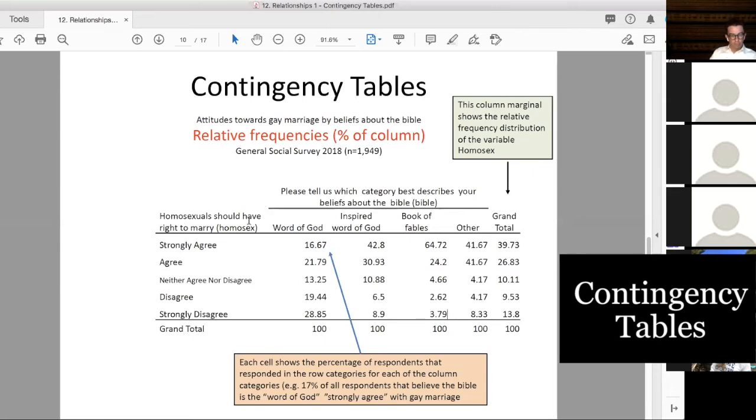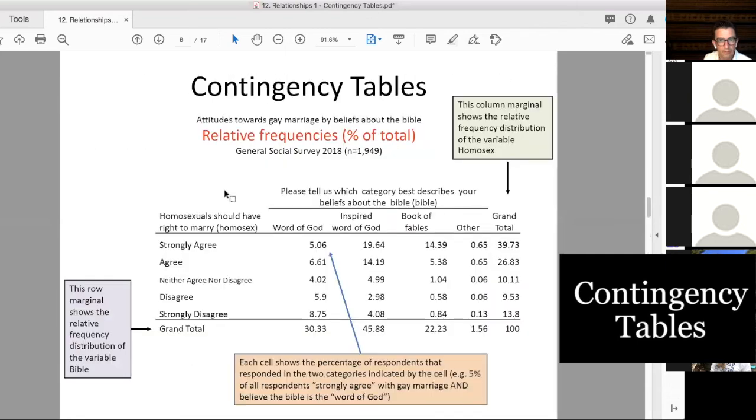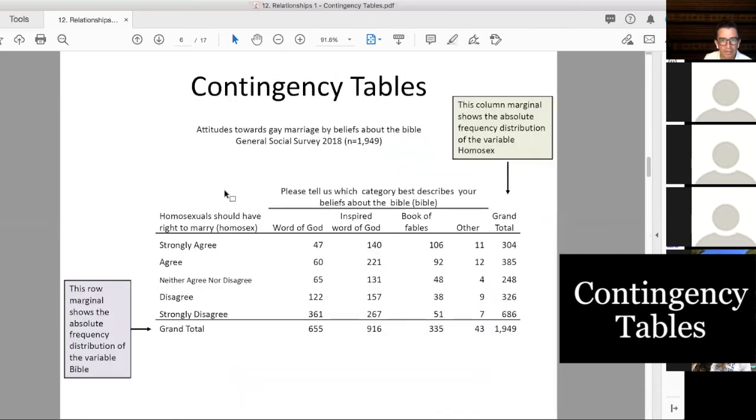Okay, so we said that we could express the numbers as a percent of the total, right? Or let me go back in slides. This was our initial table. We could express this number as a percent of the total, right? In that case, we would get the percentage who believe the Bible is the actual word of God and strongly disagree. We could express it as a percent of the row total, right?